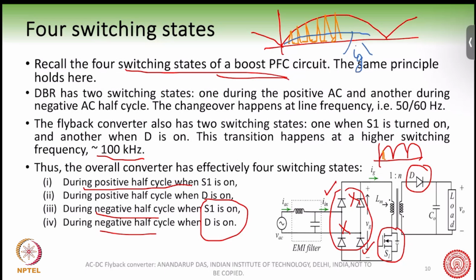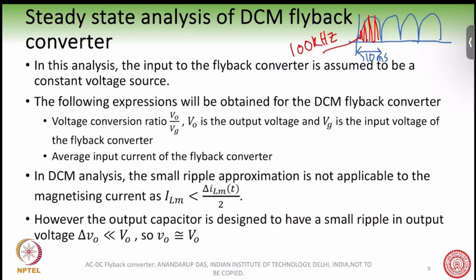Now, what we can see is that if we analyze this portion, in that small portion the input voltage can be considered constant. If we zoom into this window, during that portion the input voltage may be considered constant. So this is what was said here: for the analysis, the input of the flyback converter is assumed to be a constant voltage source.